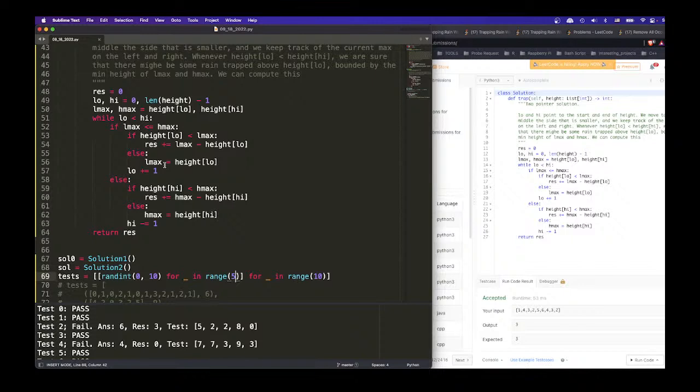Low is smaller than high. So these are not considered yet.